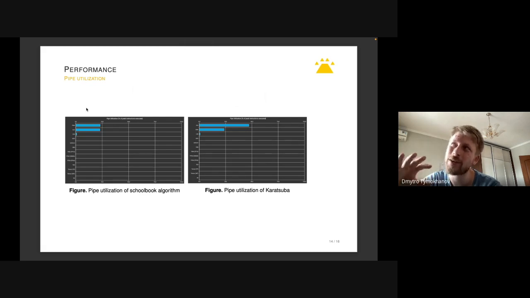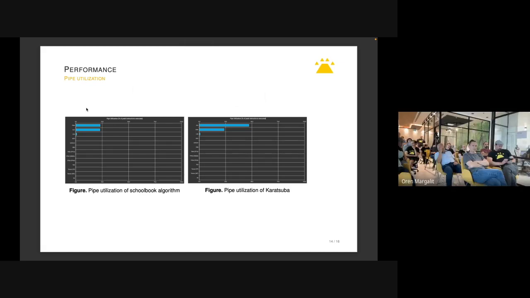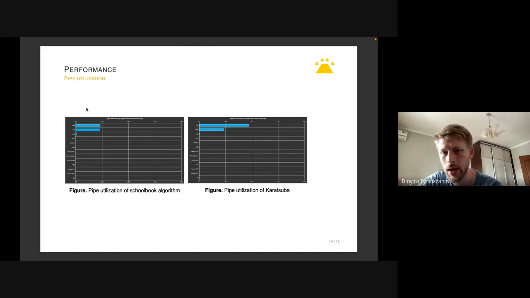For newer, more recent architectures, we can only use FMA heavy for integer multiplication, and another 2x reduction in throughput just comes from the fact that we're using wide multiplications almost all the time, and that drops the throughput 2x as well. So I believe the FMA pipeline is basically as used as we can, and the ALU is just 2 times more utilized for Karatsuba, and that's probably the secret.